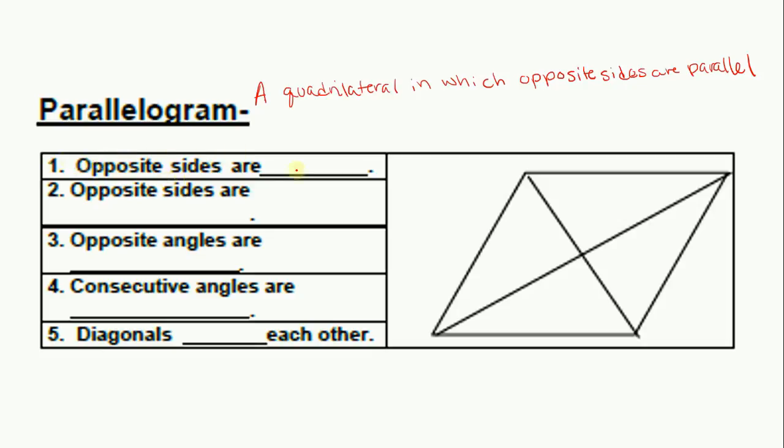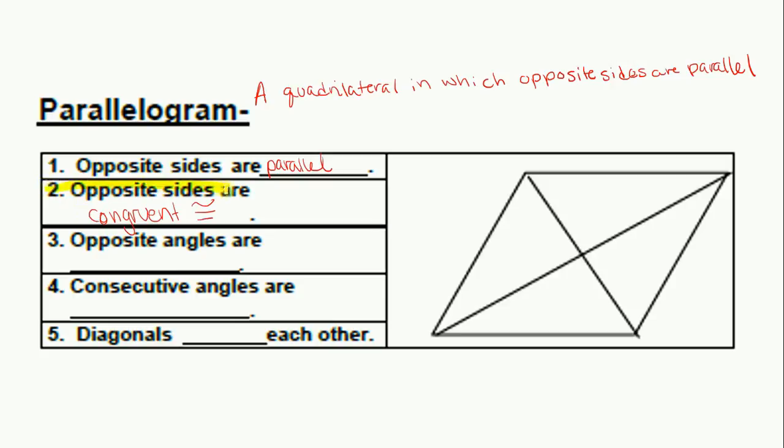Well, opposite sides are parallel to one another, so they do not cross. Another thing, though, that opposite sides are, they are congruent. So bringing back that word that you learned at the beginning of the year, remember congruence looks something like that. So I'm going to take my highlighter here. I'm going to mark in some congruent sides.